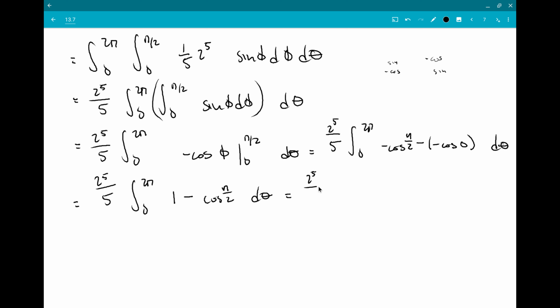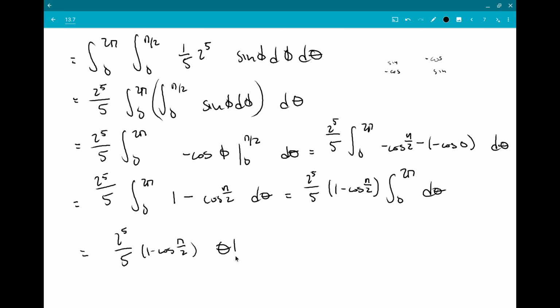It's a constant, so it can come out front. And we're evaluating 0 to 2 pi of d theta. So that's just going to become theta evaluated from 0 to 2 pi, which is just 2 pi.